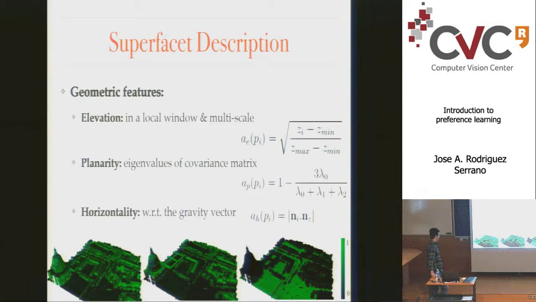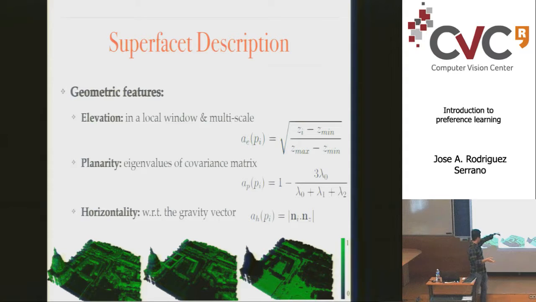For superfacet description, for geometric features, we use something really simple. The idea was to be as simple as possible. So we had this elevation. For that, we consider a local window, a volumetric window.